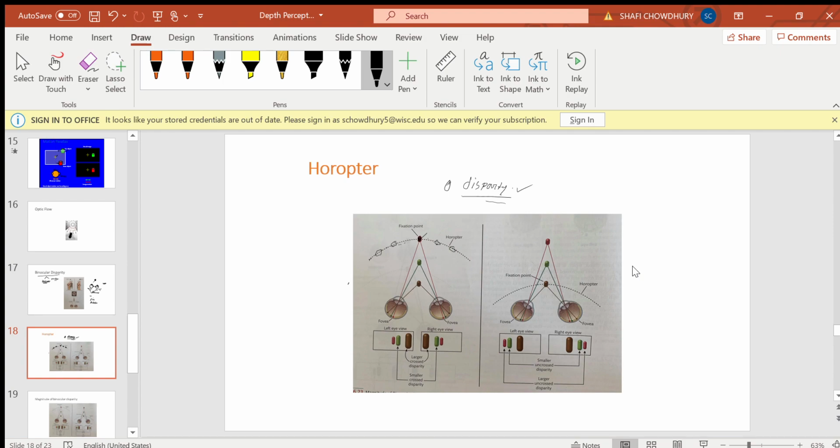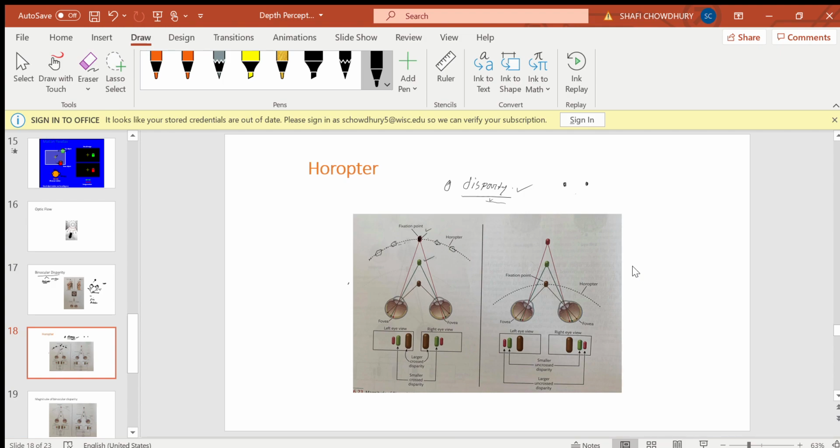Now if you see another object closer than this fixation point, what will happen? Let's first talk about this one. This is zero disparity, which means the picture from this object falls on the retina in exactly the same location.